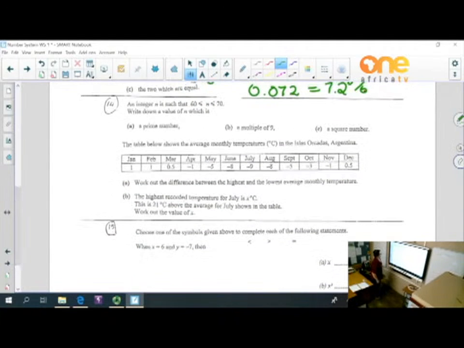Right, question 14. An integer n is such that it lies between 60 and 70. Look, there's a limit. You must the whole time think of those numbers. Now we need to find the number which is prime in that list. What is a prime number? A prime number is only divisible by 1 and itself. 1 is not prime. 2 is the only even prime number.